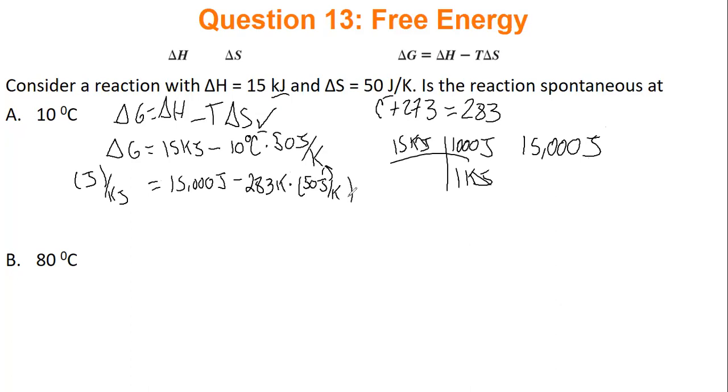And hopefully I did my math right, because I have not checked this today. Let's see what I got for this. Positive number of 850 joules. Non-spontaneous. And that is how you use the delta G equation with numbers.